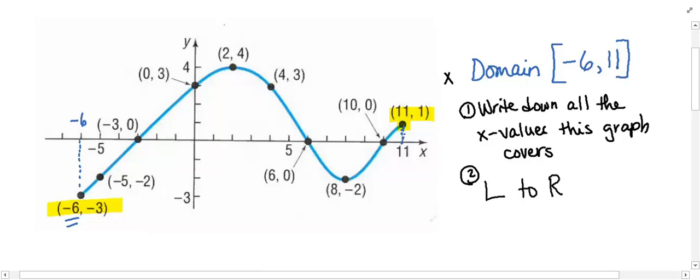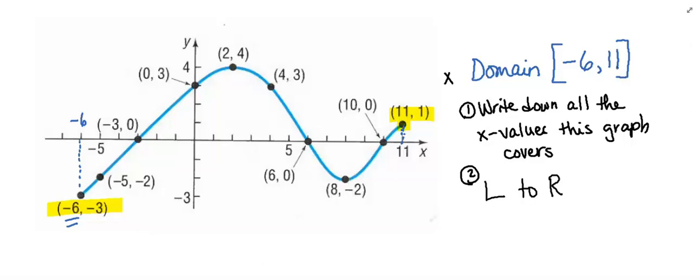You plug in x equals 11, you get the output y equals 1, so 11 will be in the domain. That's it. This is telling us that the blue graph exists between all real numbers, fractions and decimals included, from x equals -6 included to x equals 11 included.